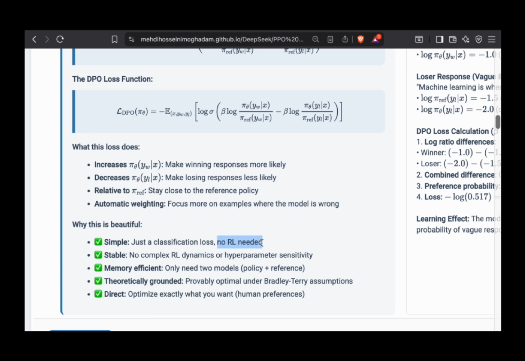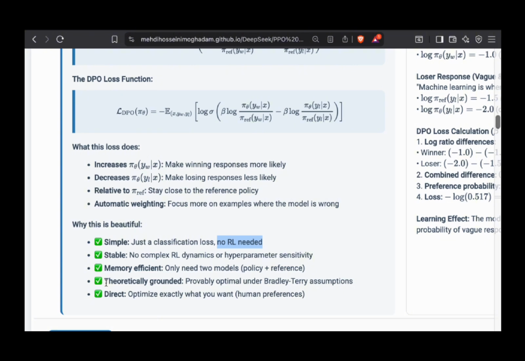We don't need to use another LLM, a critic LLM, which makes it much more computationally expensive. It's stable, with no complex RL dynamics, which is good news. Memory efficient: we need 2 models, policy and reference, which is perfect.